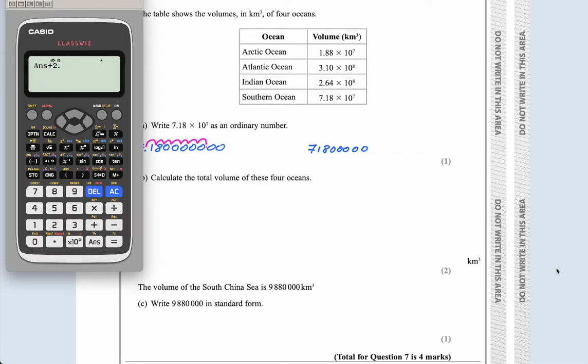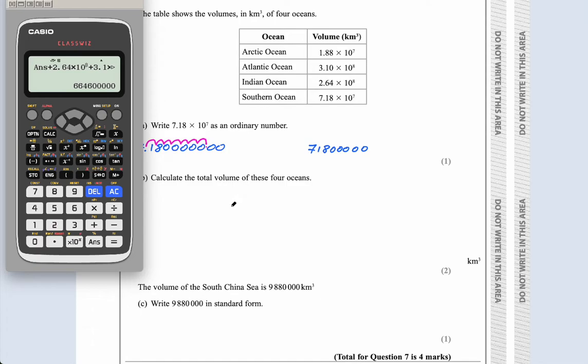The Indian Ocean, 2.64 times 10 to the power of 8 plus 3.10 whatever times 10 to the power of 8 plus 1.88 times 10 to the power of 7. Press enter and I get this. Does it ask for it in standard form? Well, it doesn't, but let's write it like that anyway.